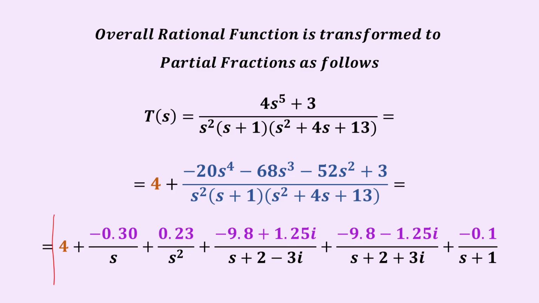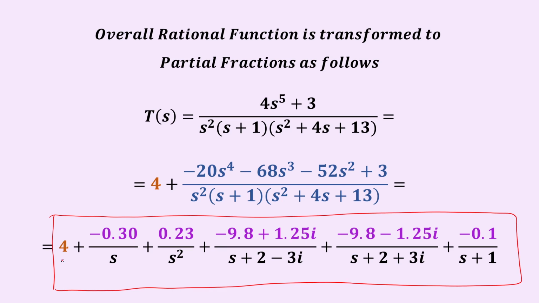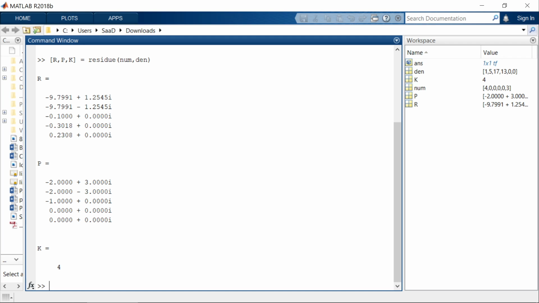This overall partial fraction expansion, the residues, the poles, and the direct term can be verified in the MATLAB result. The direct term K is equal to 4. The complex conjugate poles have respective complex conjugate residues in order.